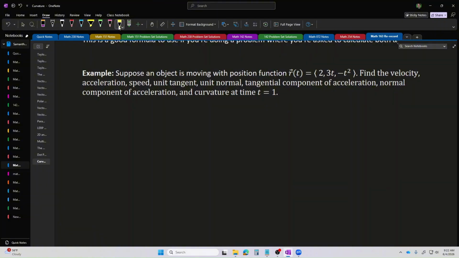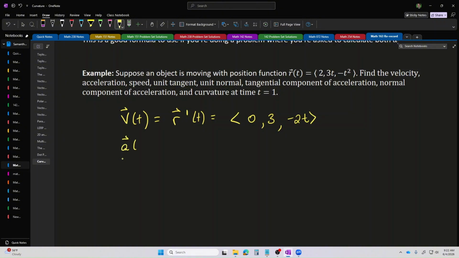To begin with, I'll find the velocity function, v of t, by taking the derivative of position. That gives me 0 in the x component, 3 in the y component, and negative 2t in the z component.